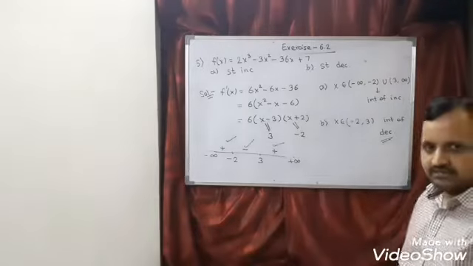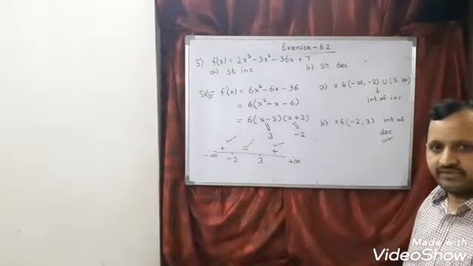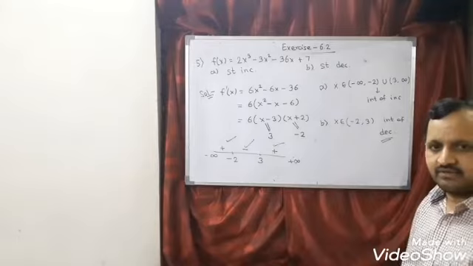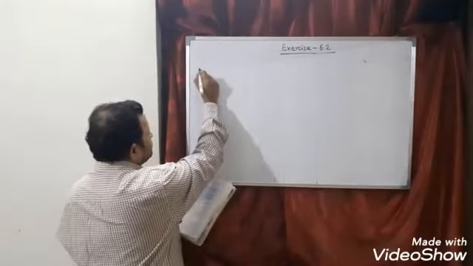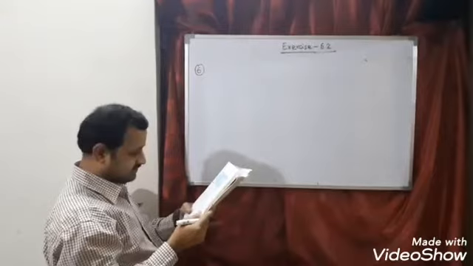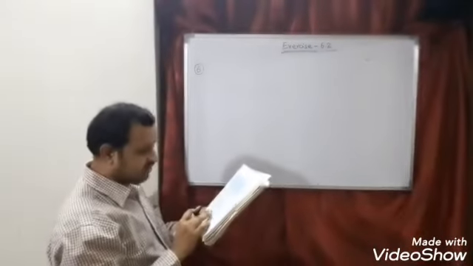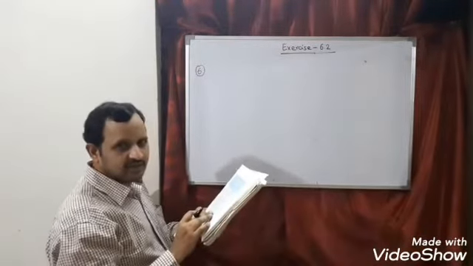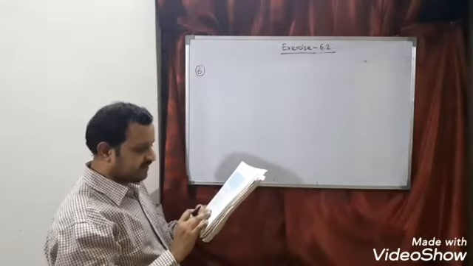So I think it is clear how to find the interval of increasing and the interval of decreasing. Next question. Let us see question number 6, and there are 5 bits. If we can solve all the 5 bits, I think the working steps will be clear.